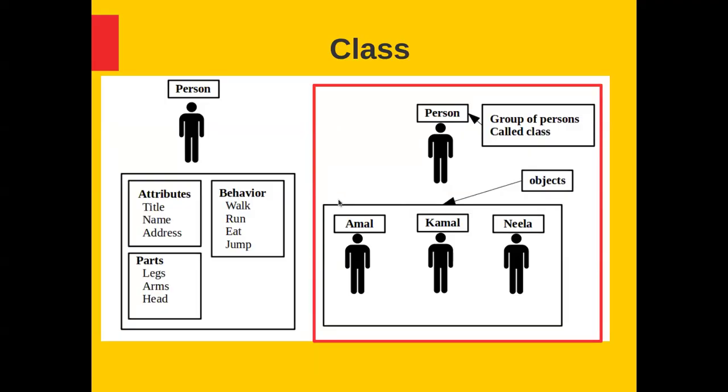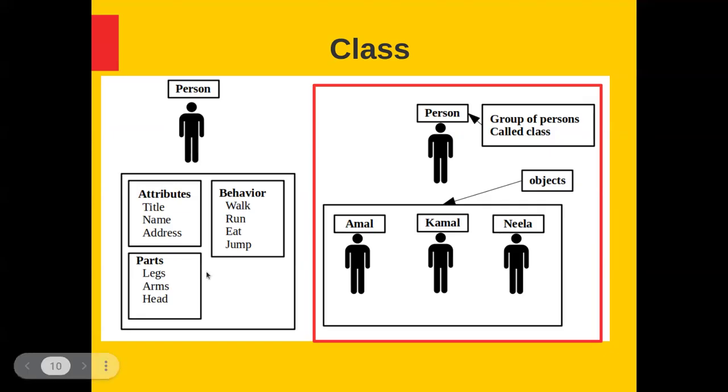Classes. Even if we say that these are objects, when we consider the object-oriented concept, this person becomes a class. One person is an object belonging to that class.